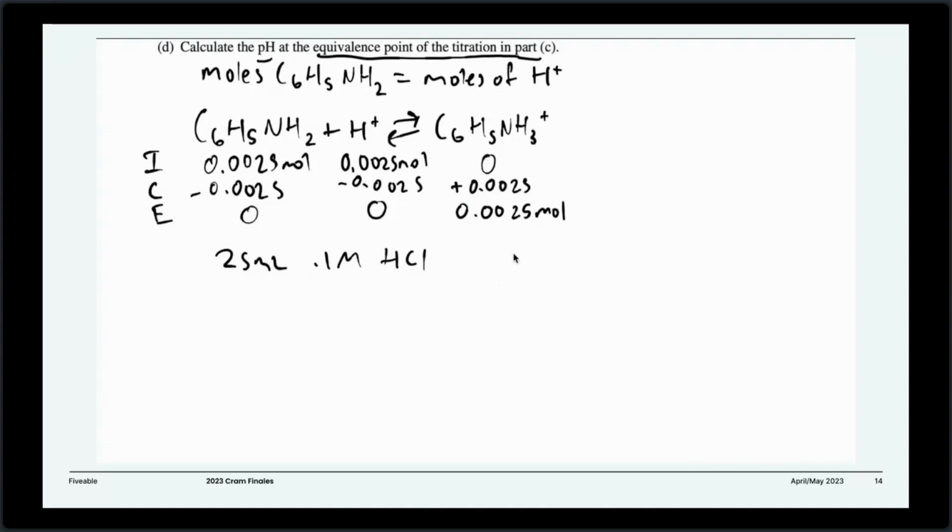So the total volume is obviously going to be 50 milliliters, and we divide 0.0025 by 50 milliliters, so that'll be 0.0025 over 0.05 liters, and that'll get us 0.05 for the concentration of our conjugate acid.